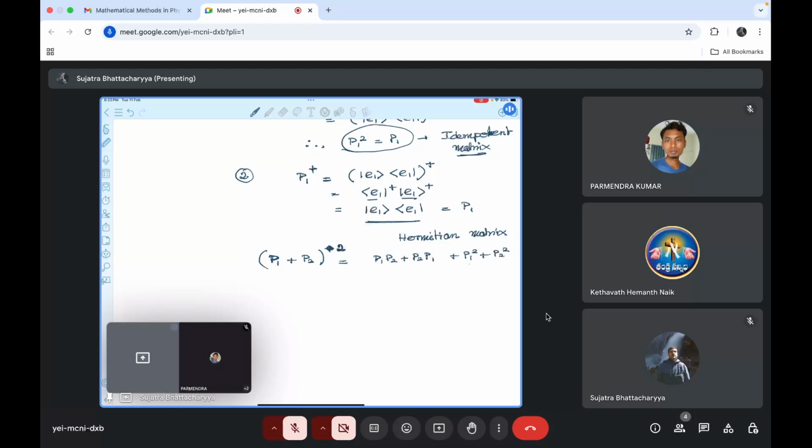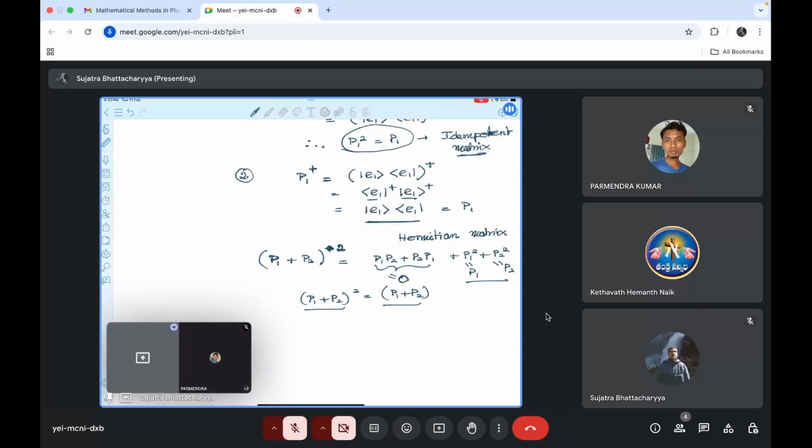Simple algebra. So this will become P1, this will become P2. But what about the cross terms? If this is equal to 0, then only you will get that P1 plus P2 whole square is actually equal to P1 plus P2. Okay, so you have to see how you can make this equal to 0.